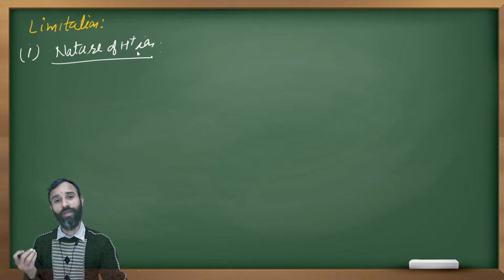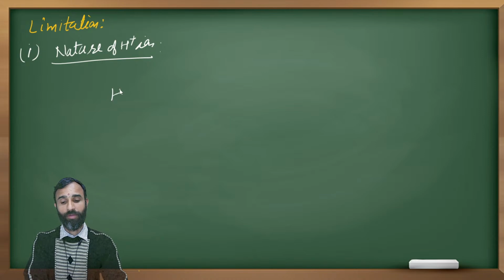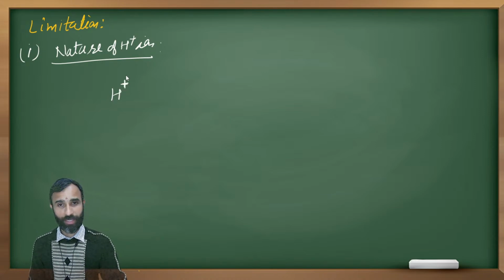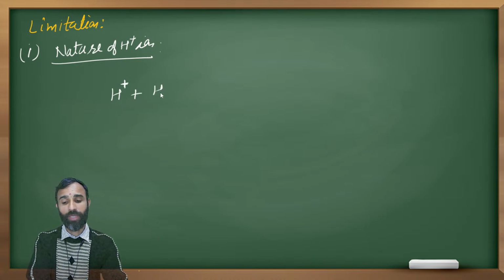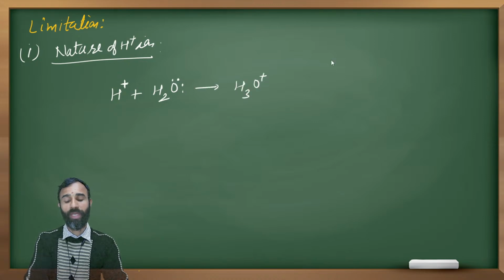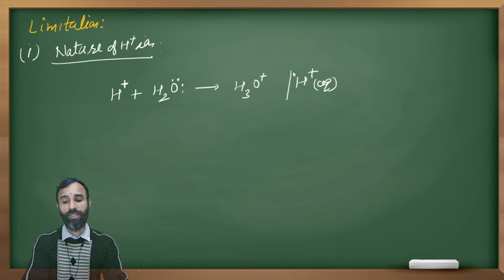It is not a particle which can exist independently. Because H plus ion is always present in combination with water in the form of hydronium ion, so we write it as H plus aqueous or H3O plus aqueous.